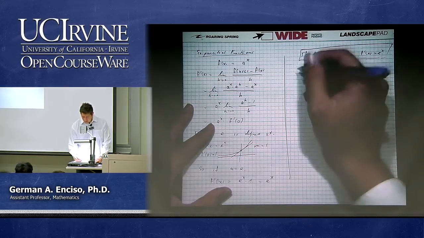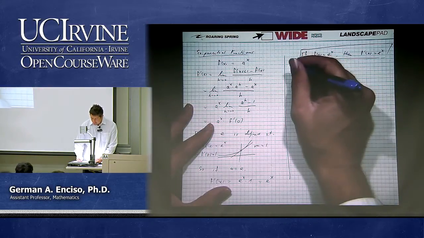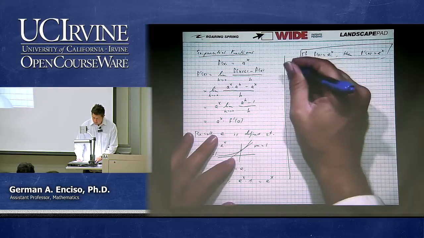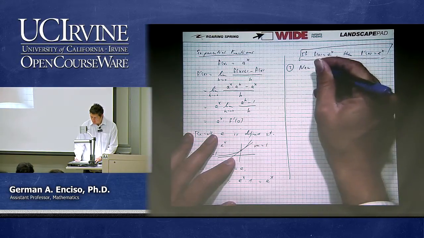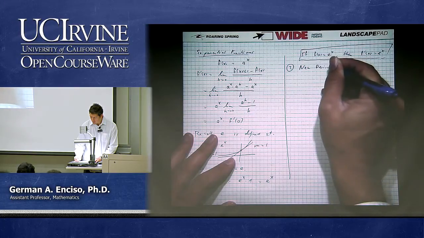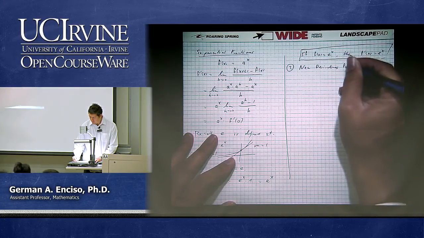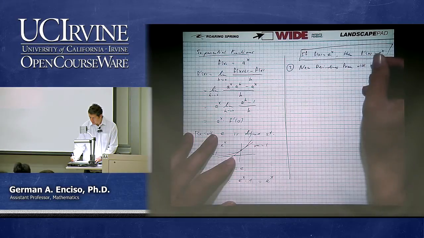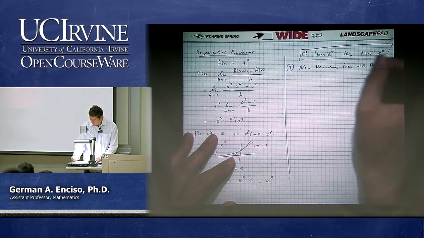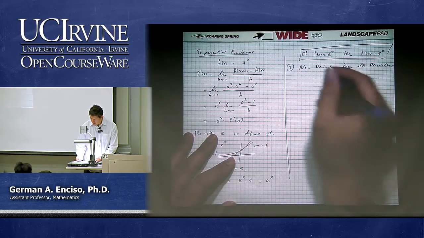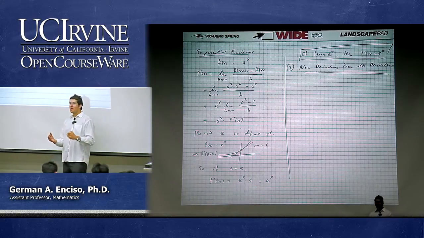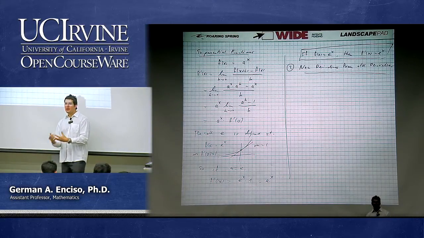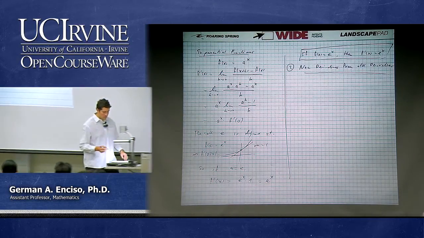Okay, great. So let's move on to the second part, which is new derivatives from old derivatives. Okay, so here's the idea. You have a function, and you already know how to derivate it, and you create a new function from that old function.